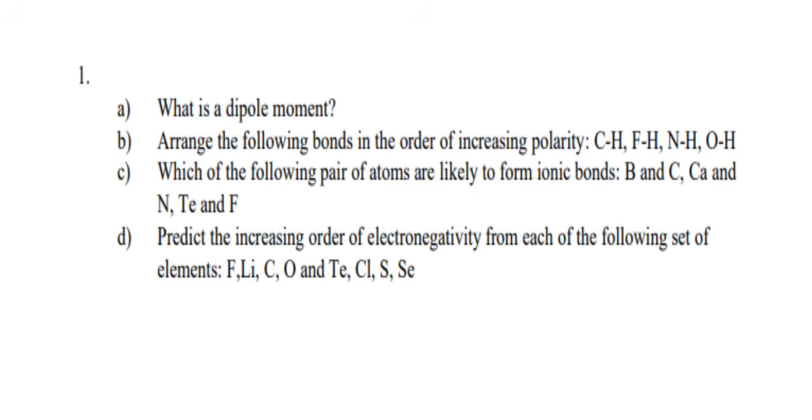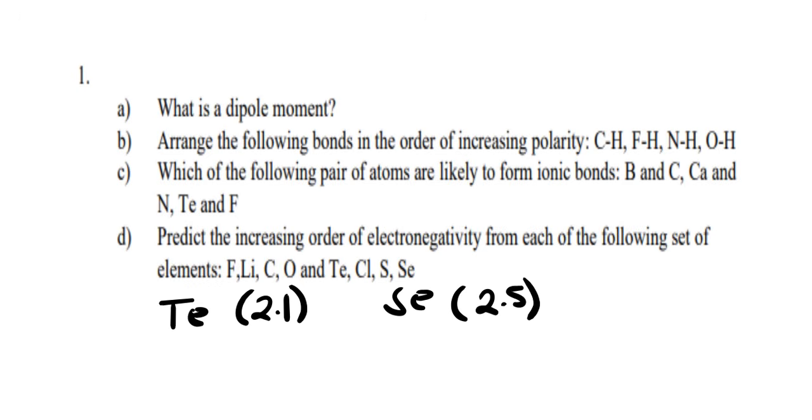So we have beryllium, chlorine, S, and Se. So actually that's sulfur. Okay, you know that Te has an electronegativity of 2.1. Se has an electronegativity of 2.5. Then sulfur has an electronegativity of 2.6. Then chlorine has an electronegativity of 3.